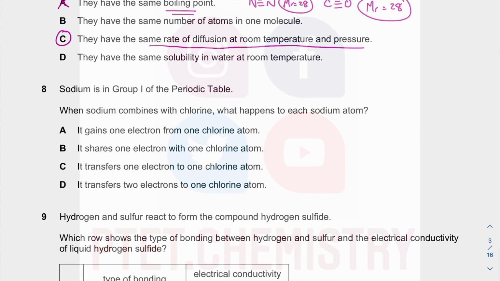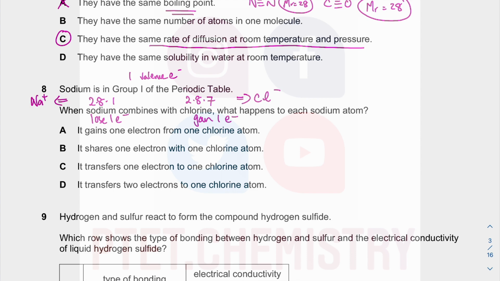Question 8, it says sodium is in group 1, so we know it has 1 outermost shell electron, or 1 valence electron. When sodium combines with chlorine, sodium is 2,8,1 in electronic configuration and chlorine is 2,8,7, so sodium will lose 1 electron and chlorine will gain 1 electron, forming a chloride ion and a sodium ion.